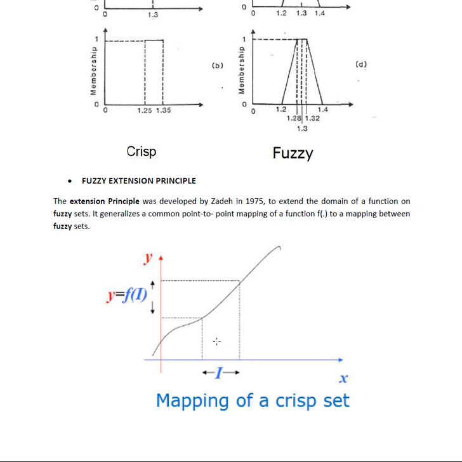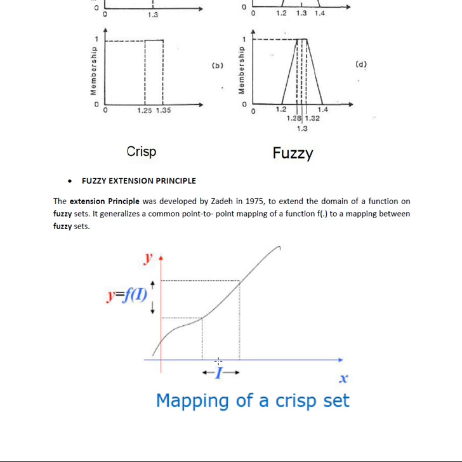Now, what exactly does it imply? That it provides a mapping by a general function. That means if we say y is equal to f of I, if the input I is crisp, then the resulting output y is also crisp.